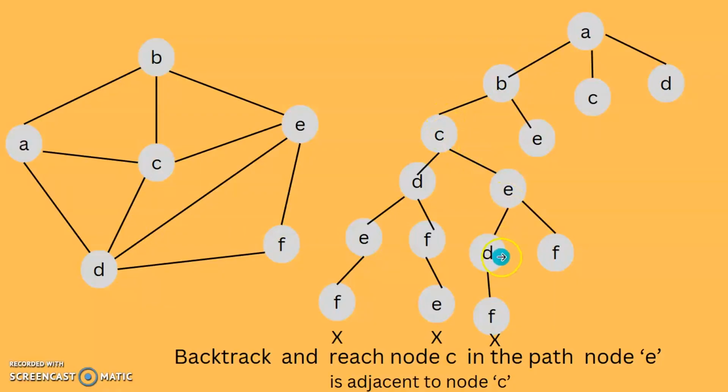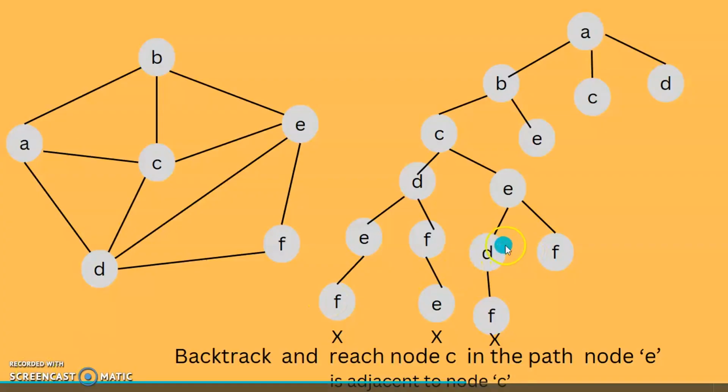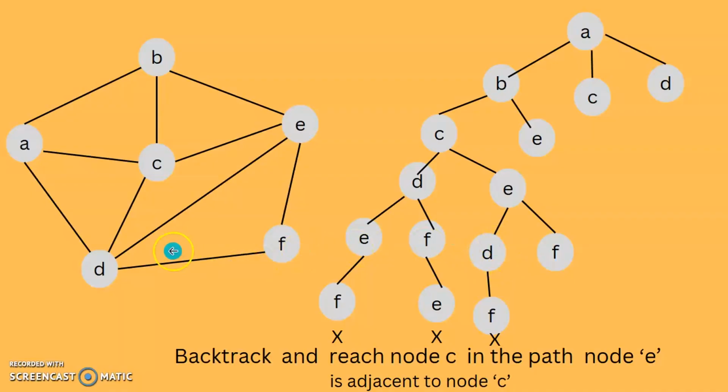So only D and F are yet to be visited. Now consider node D in this path. The nodes adjacent to D are A, C, E, F. In this path A, C, E are already visited. So F remains to be visited. So you go to the node F.